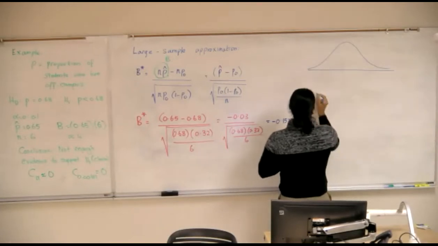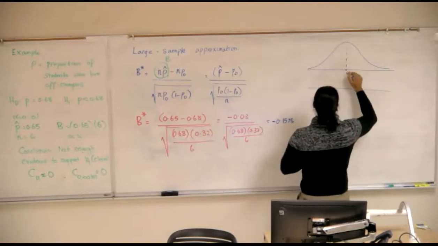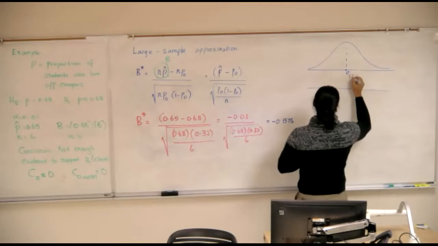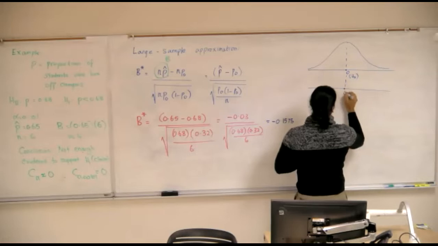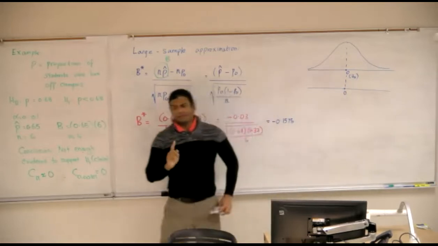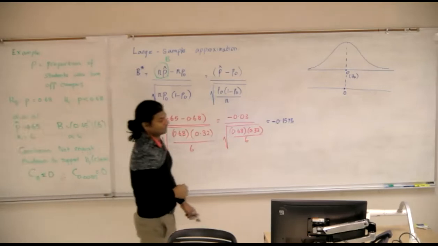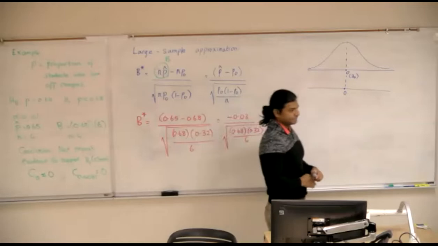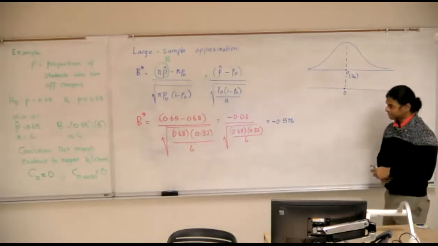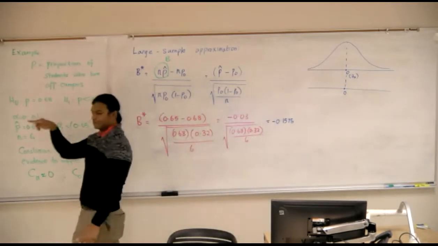That's my bell curve. 0 right in the middle, and that's where we have H0. That is our reference point. The rejection region, it should be on which side? Left or right? Left. Why is that? That's the alternative hypothesis. The alternative is P less than 0.68, pointing to the left.